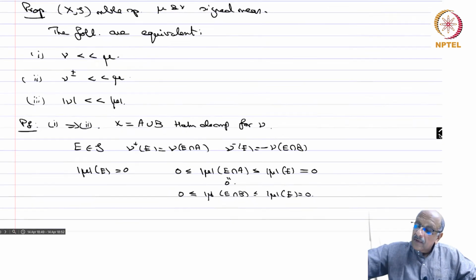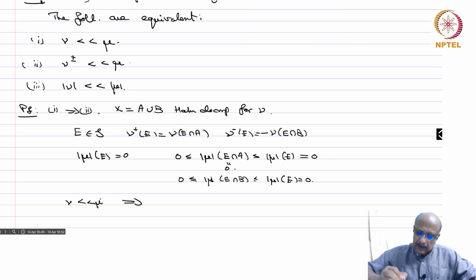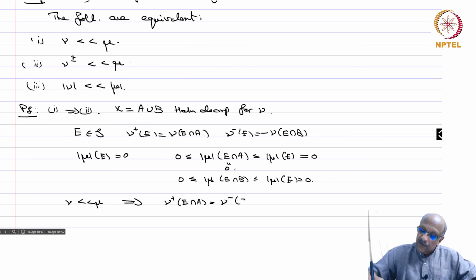So you have that if mod mu of E is 0, then mod mu of E intersection A and mod mu of E intersection B are equal to 0, and therefore since nu is absolutely continuous with respect to mu, this means that nu plus of E equals nu of E intersection A equals 0, and nu minus of E equals minus nu of E intersection B, and that's also equal to 0.